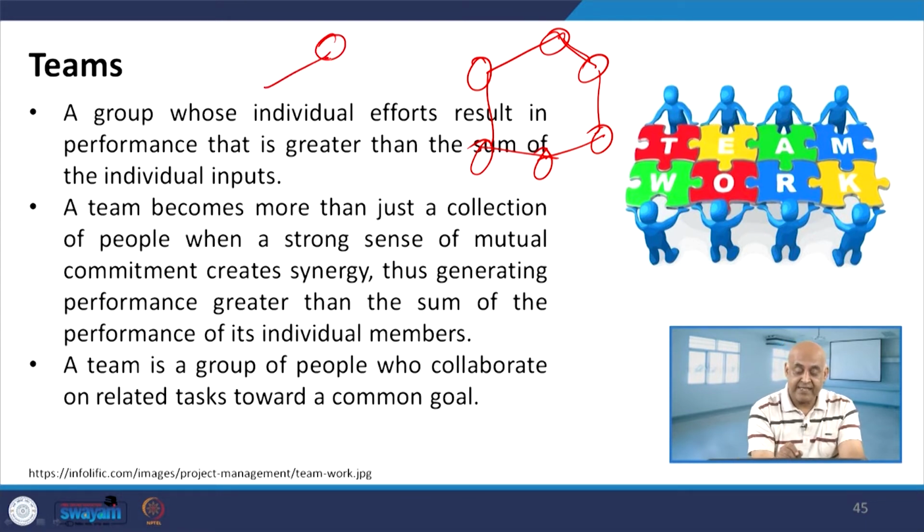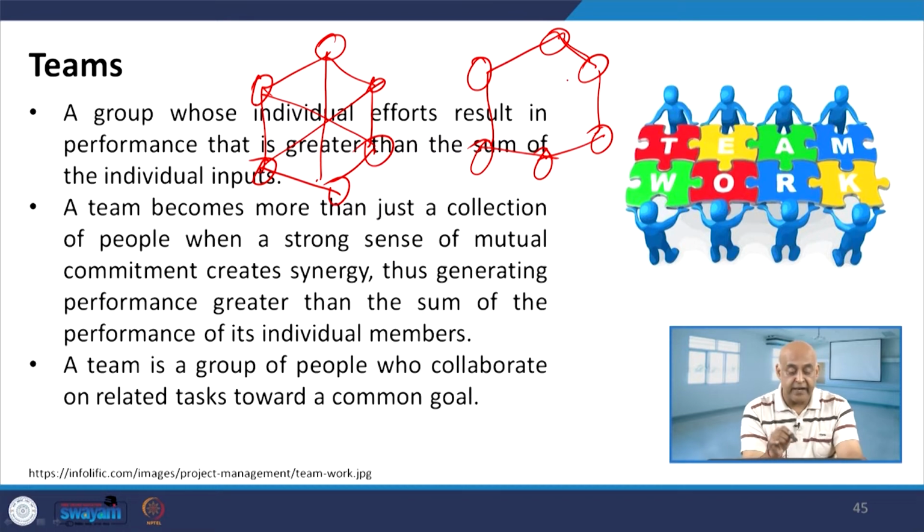It is not only that they are formally interdependent, but they are informally also interdependent on each other. Then this synergy is there, and we say this group has been converted into a team.